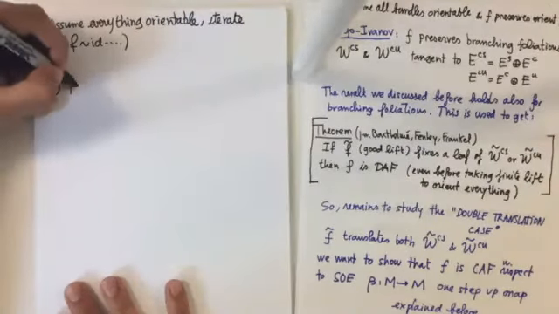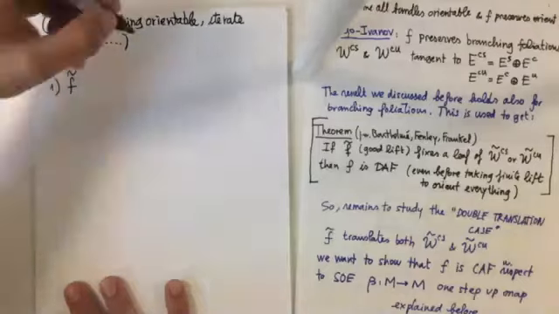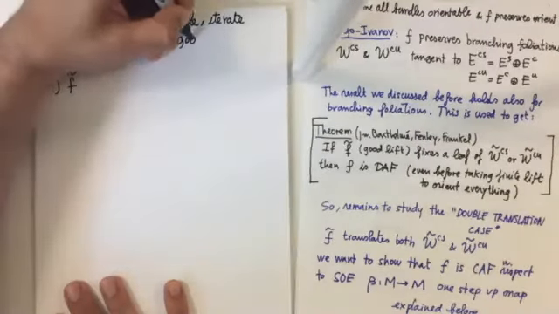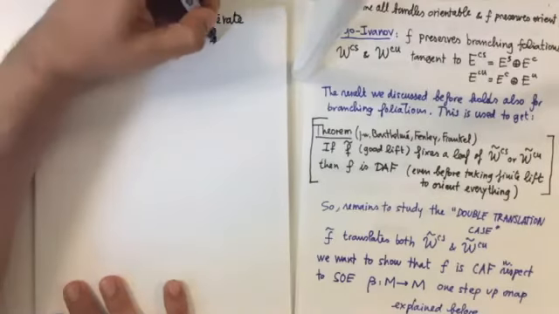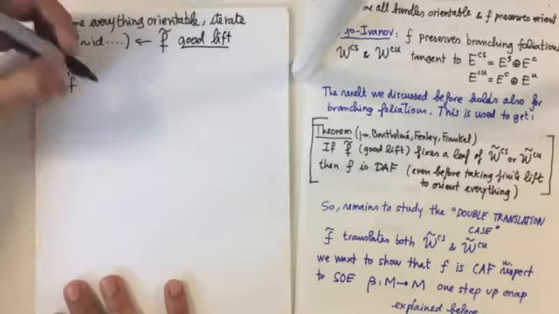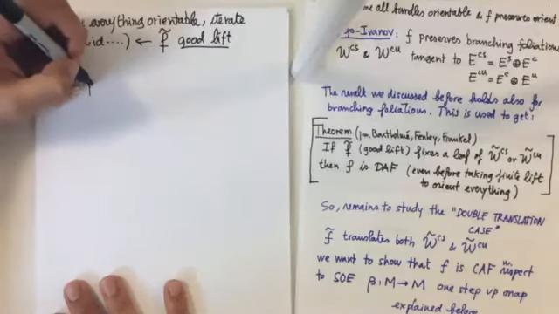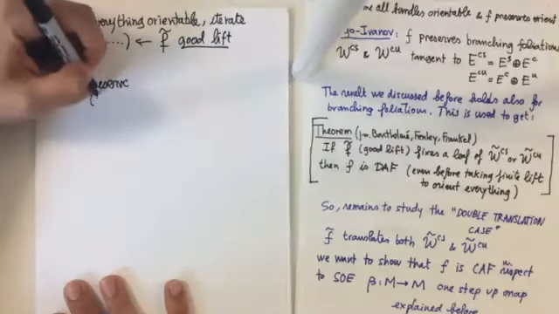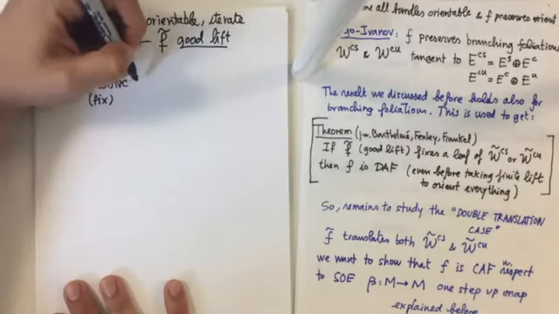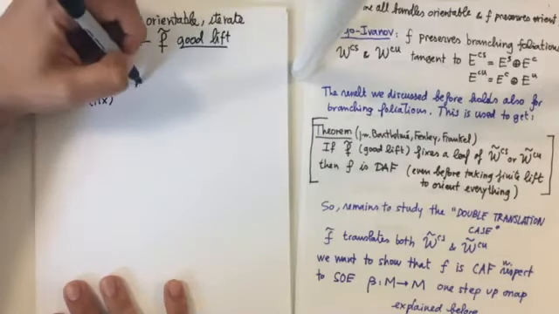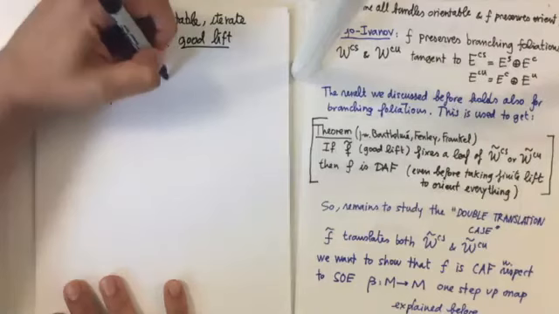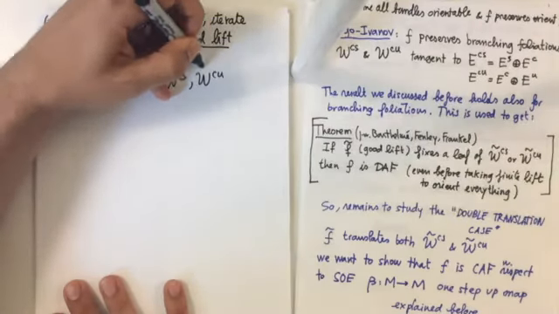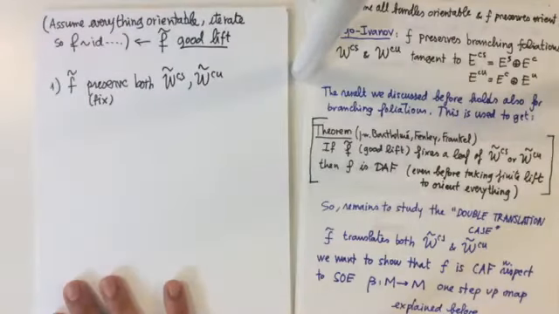Let F tilde be the good lift, as I mentioned before. And F tilde could preserve, fix both pairs of foliations.